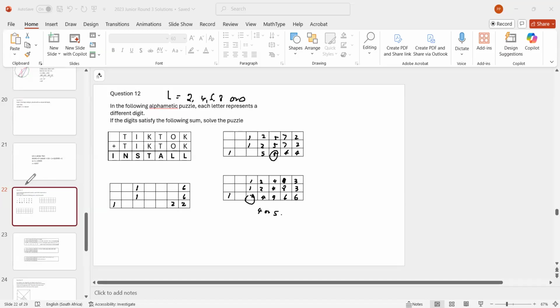I chose 4 or 5. So this has to be 5. 8 plus 8 is 16. This has to be 5. This is 2, 2, 5. 8 plus 8 is 16. 1 plus.